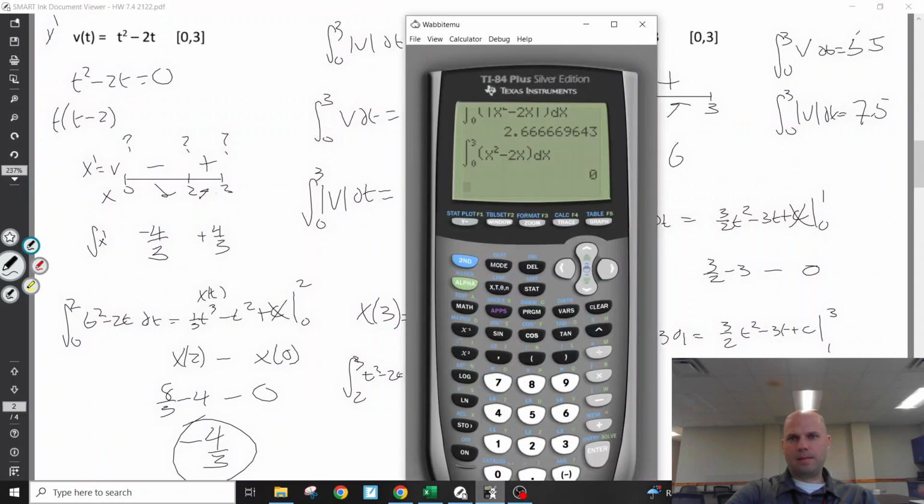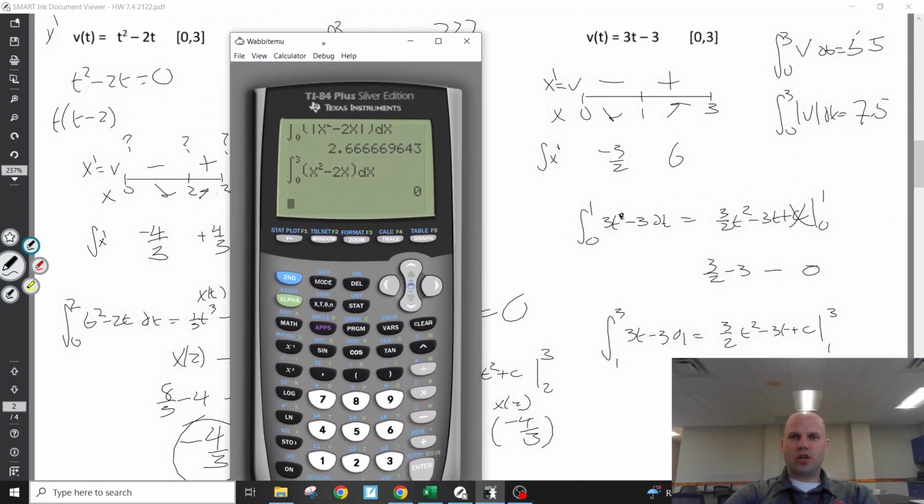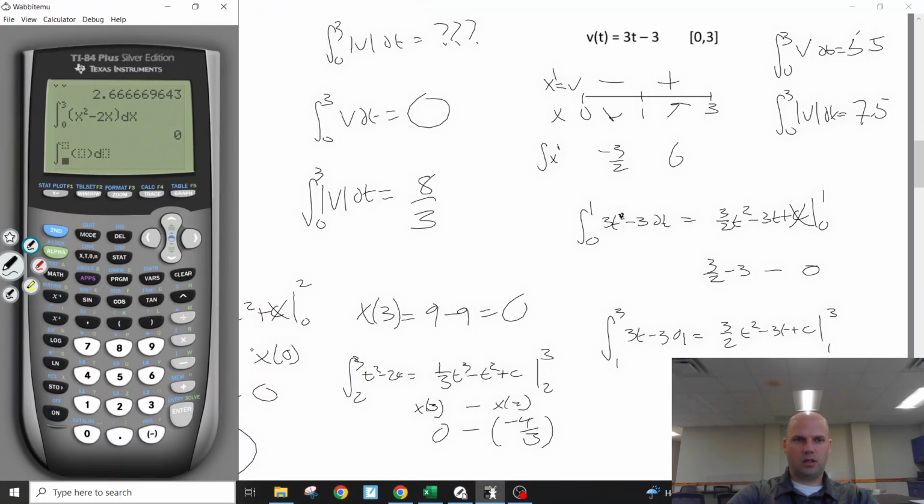Let's double check. Again, we don't have to worry about the actual positions up here. What the position is at 0, what the position is at 1, what the position is at 3. These are the change in the positions. Okay, make sure you understand that. We don't have to incorporate an initial position or anything for displacements.